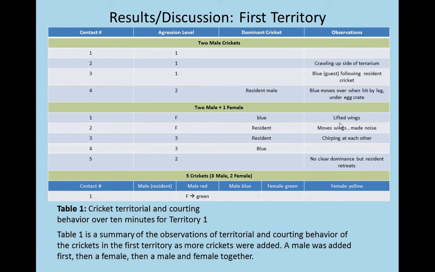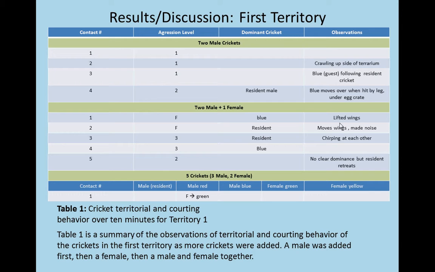The results of the first experiment were not consistent with all points of the hypothesis, because in the first part, where the two males were together, there was contact, but it was mostly mild, without much dominance, except for one observation where the resident male was dominant, which refutes part of the hypothesis that says that the resident male would show aggression toward the first added male.